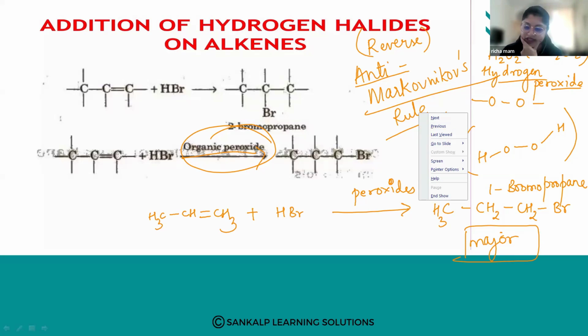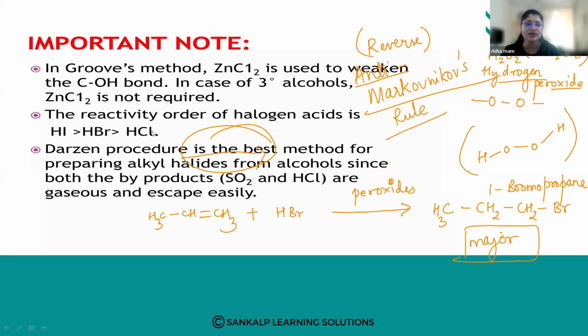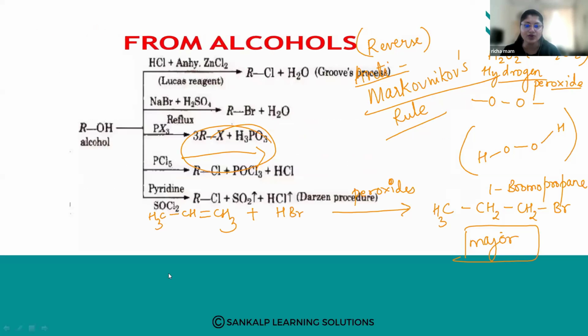Then we have seen the nature of the C-X bond. Then we started with the methods of preparation. The first method we have seen is with alcohols, how we can prepare the different alkyl halides from alcohols.